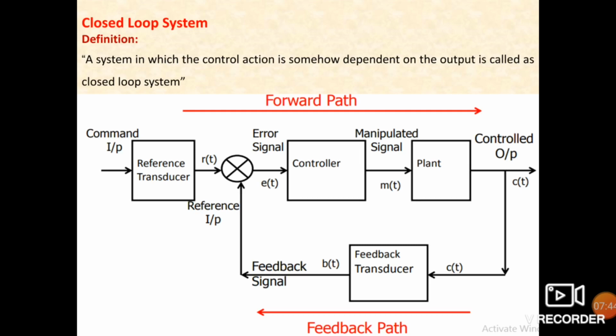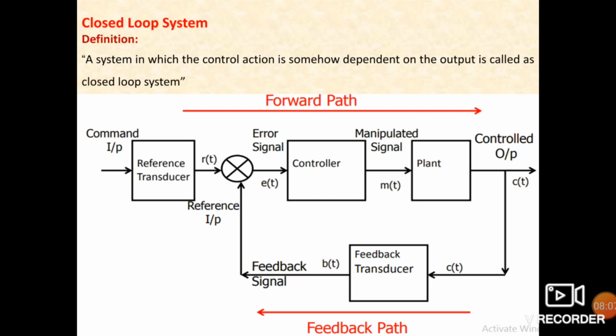See, from the control output generated from the plant, we have a feedback transducer. What will this feedback transducer do? It will sense the amount of heat supplied to the cloth in the case of the electric iron. So the heat supplied will be sensed.